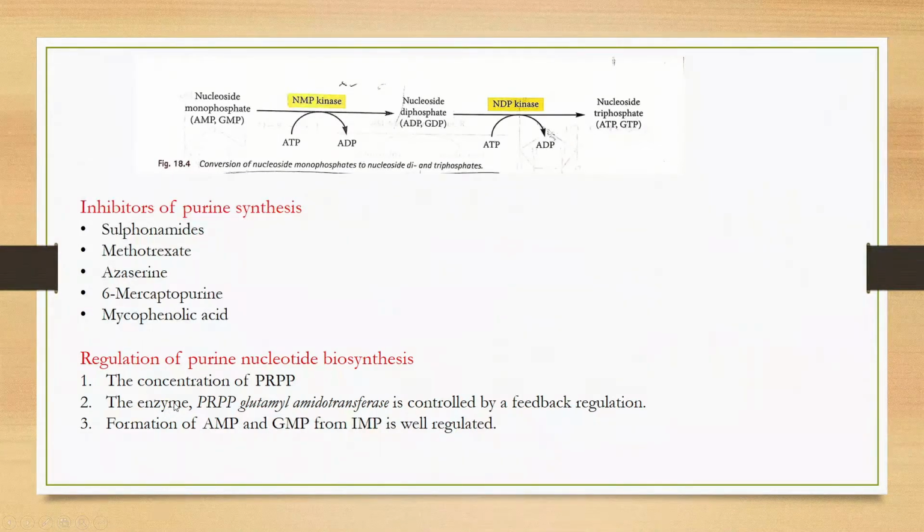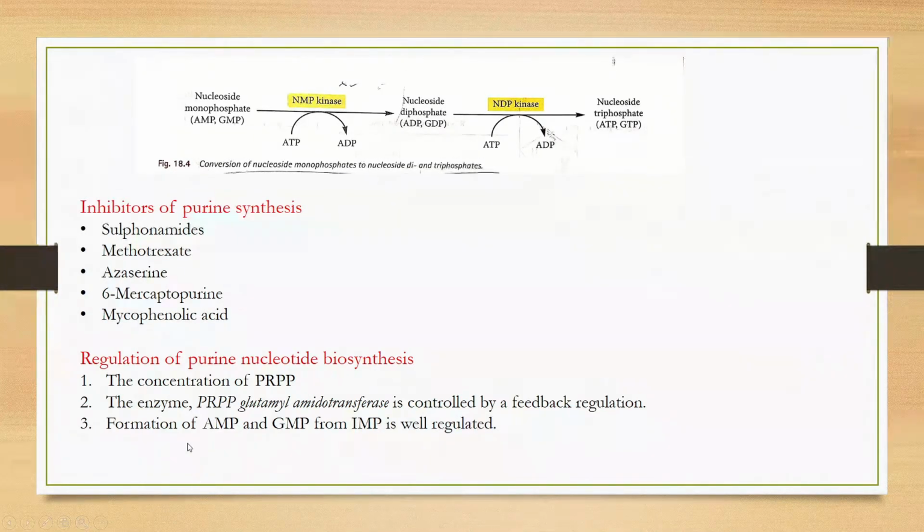Now, regulation of purine nucleotide biosynthesis. The de novo synthesis of purine nucleotides is finely coordinated to maintain the total pool of purine nucleotides available for nucleic acid synthesis and to maintain the proportionate concentration of ATP and GTP as per cellular needs. Purine nucleotides are interconverted to balance the levels of adenine and guanine nucleotides.